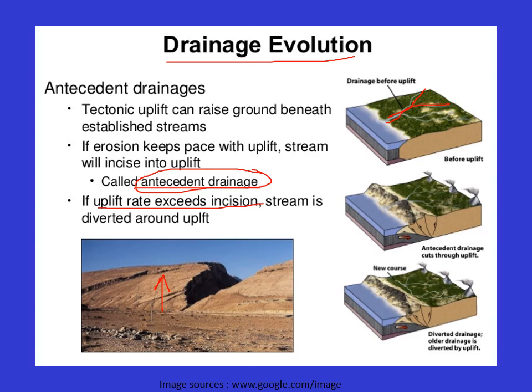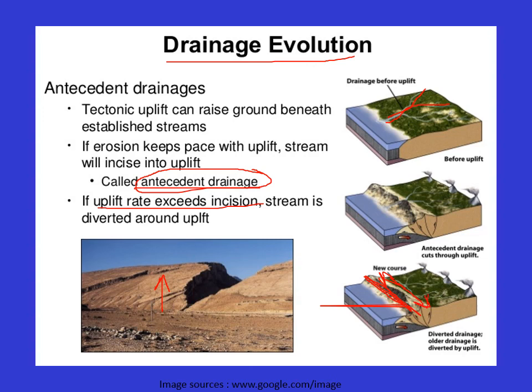Thereby the river water is blocked completely by this newly formed mountain range. So now the river starts flowing parallel to this blockage. That means they start moving in this direction or in this direction.